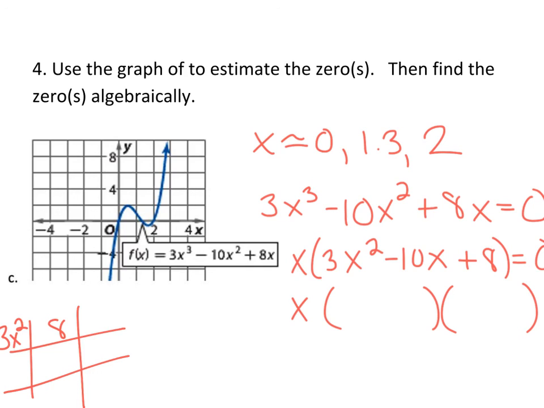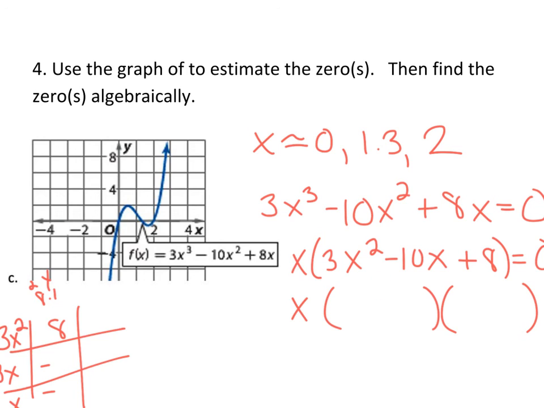Quick reminder for those of you who use the tic-tac-toe method to factor, I'll do 3x and x gives me 3x squared. Factors of 8 could be 8 and 1, 2 and 4. I know they're both going to need to be negative because it needs to be a positive that sums to a middle term that's negative. So I'm going to try, let's see, probably the 4 and the 2.